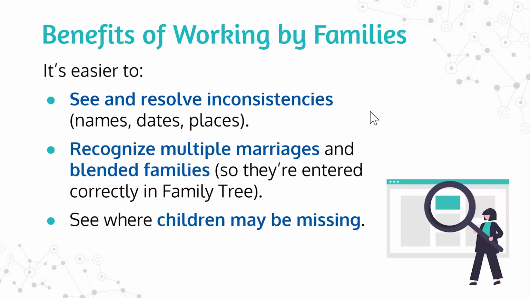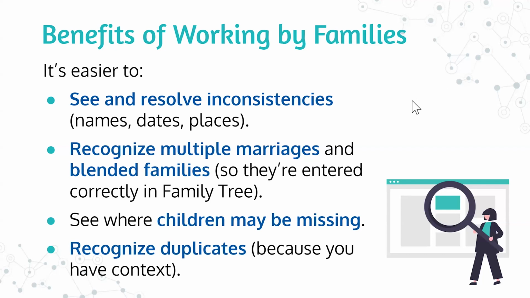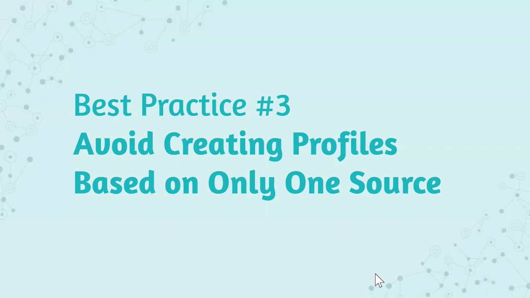I wonder if some kids are missing. And finally, it enables you to recognize duplicates because you've got the context. You know the family well enough to recognize, oh, this duplicate here just has the parents, but I know that those are her parents, and so this is probably a duplicate. So it's very handy in these ways to help improve accuracy.